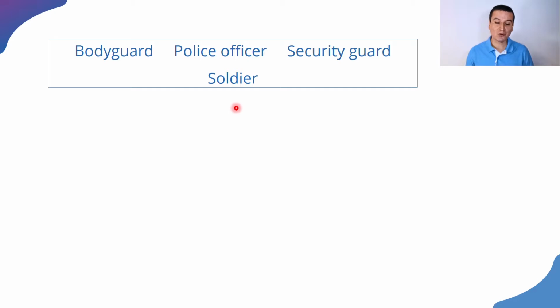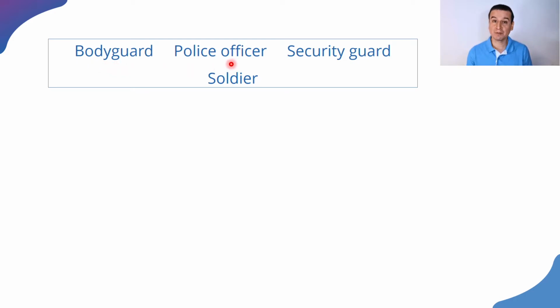So for the first group, we have a man who says that he has one of the occupations that you see there. You understand bodyguard, police officer, security guard, soldier. Do you understand the difference? Bodyguard, like personal security.